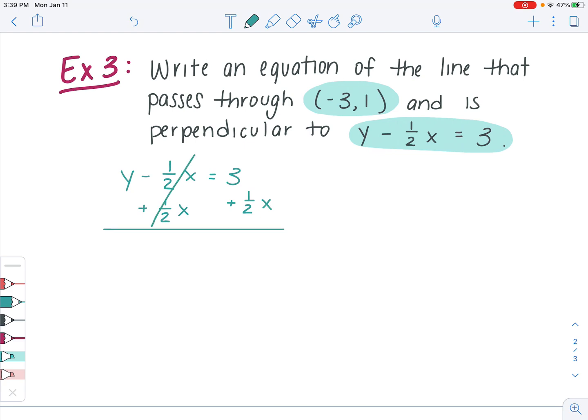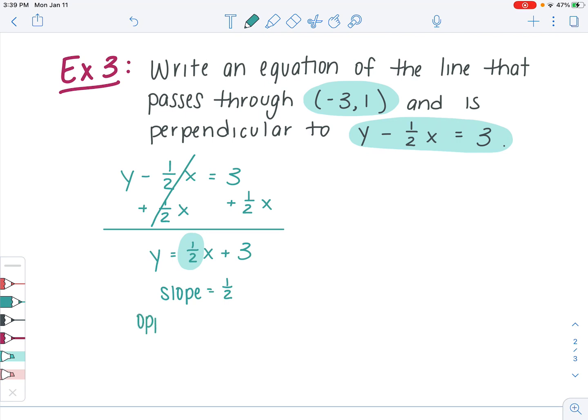When I add 1/2 x to both sides, it looks scary. It's not that bad because really I'm just going to end up with a positive 1/2 x and a positive 3. And now I can see that the slope of the line I'm given is 1/2.